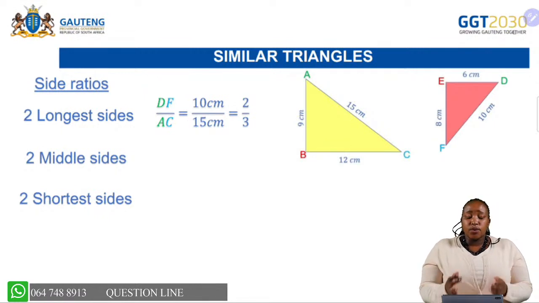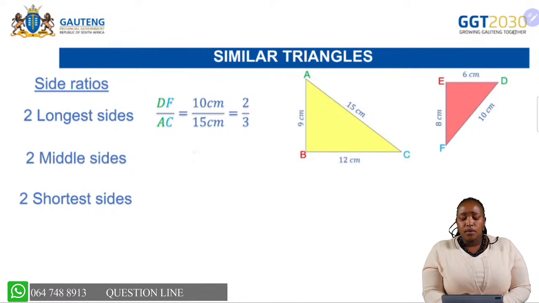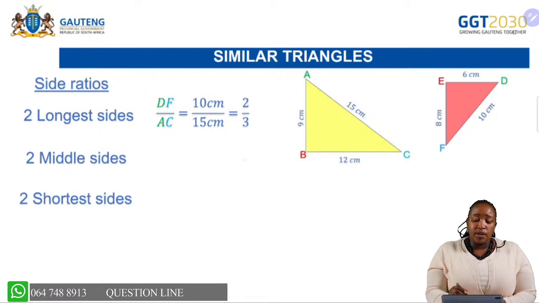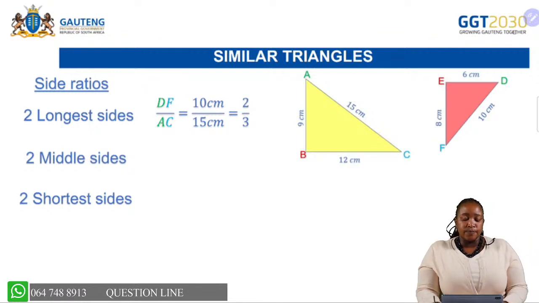You can start with the values for the bigger triangle as your numerator, and then use your values for the smaller triangle as your denominator, okay? Just be sure that you will get either 3 over 2 or 2 over 3 for those ones, and whatever you do, they must be the same ratio, okay? So just be careful with that, all right?